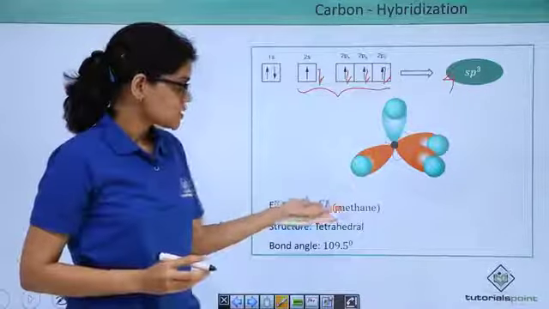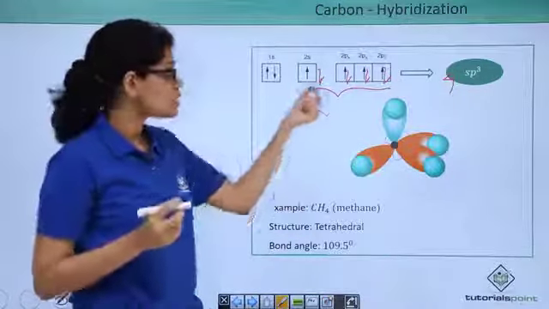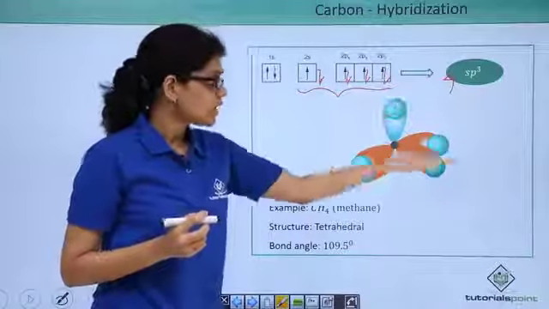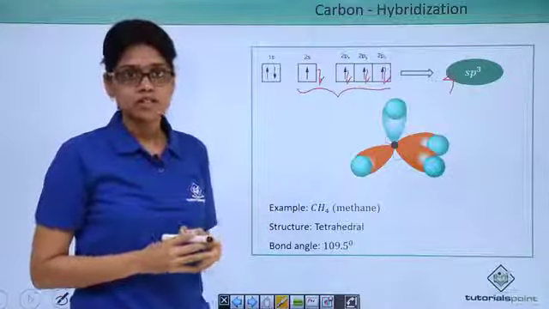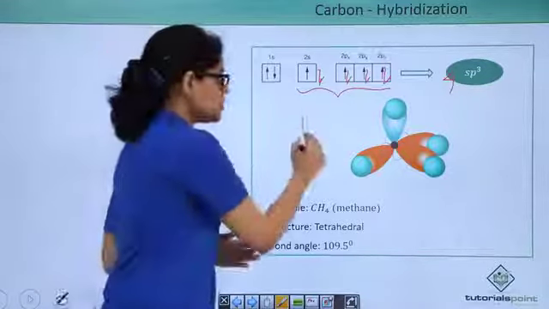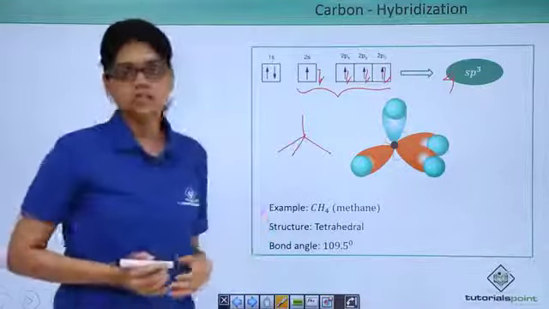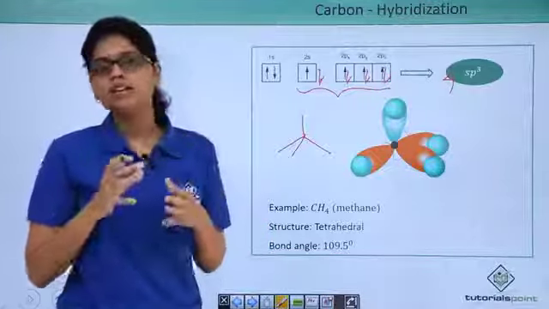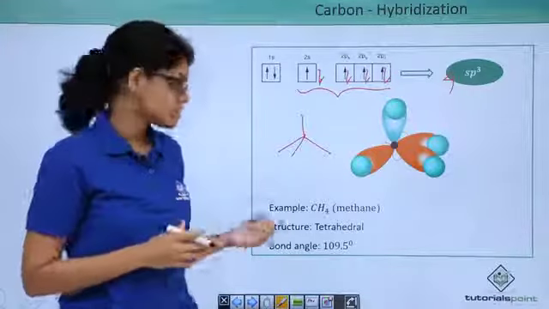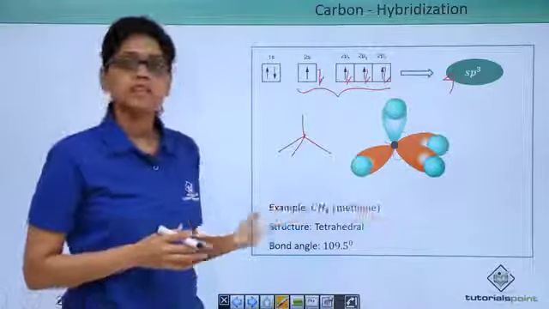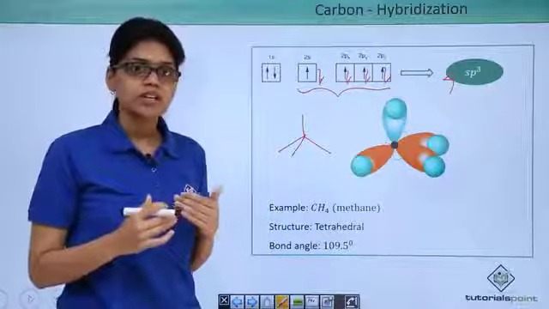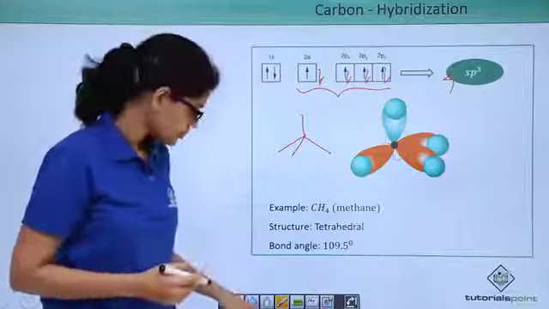So in CH4, four single electrons from hydrogen give completely filled orbitals, and the structure of this particular hybridization, sp3, is tetrahedral. The bond angle involved in a tetrahedral structure is 109.5 degrees. So this is all about sp3 hybridization, and now let's go to the next hybrid state.